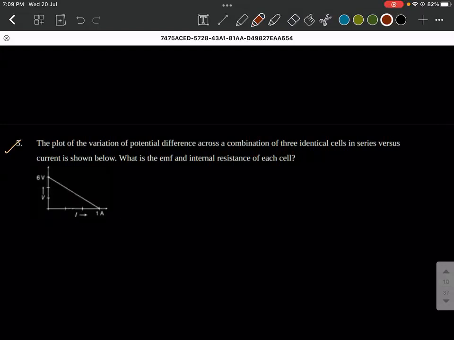The plot of the variation of potential difference across a combination of 3 identical cells in series versus current is shown here.